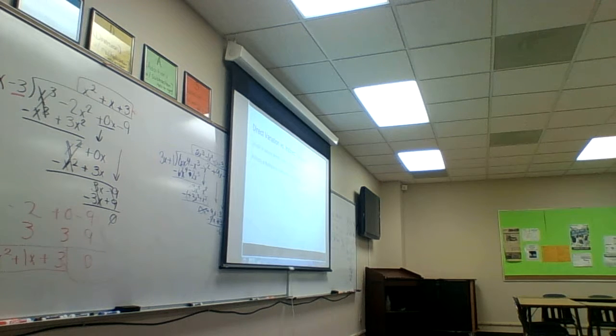So directly means side by side. Indirectly means divided by. We're actually multiplying the direct and dividing the indirect. What page is this on? 213.